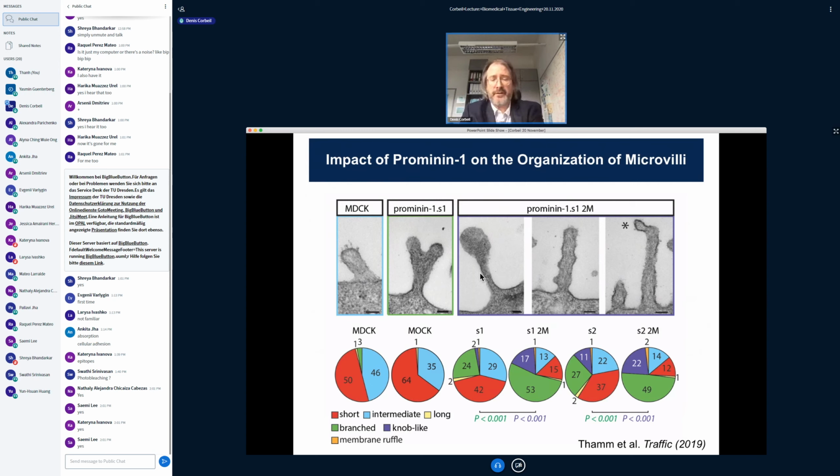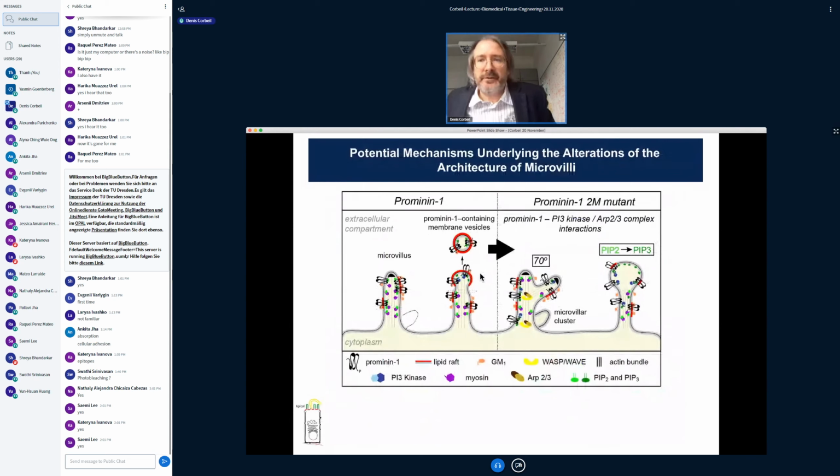Do people know what the structure of microvilli is? You have the membrane, you have actin inside, and how is this all connected to each other. No? So we can go a little bit deeper on that. You can see here normal microvilli expressing prominin-1 or not expressing prominin-1.